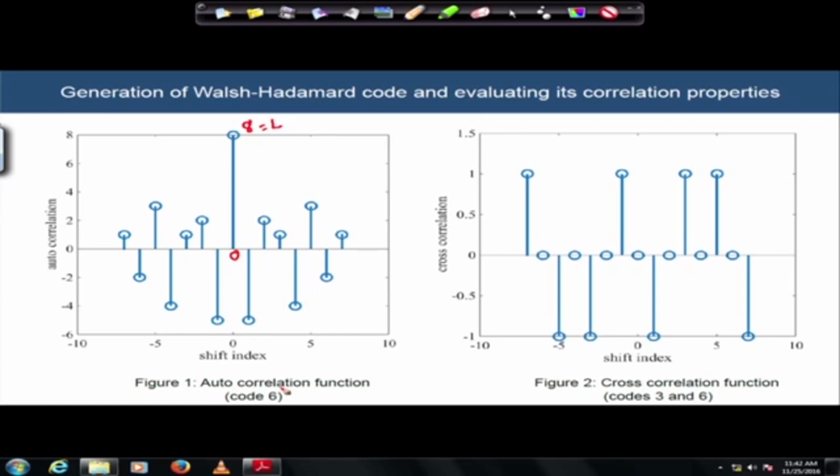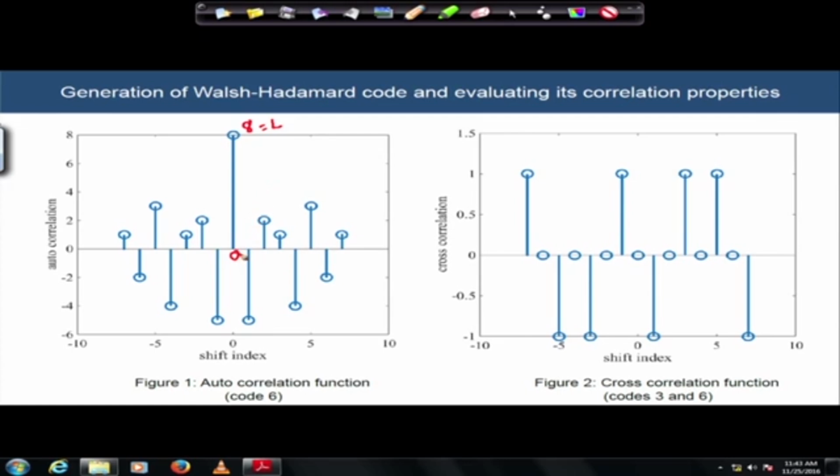But the importance of having a good autocorrelation property, and when I say good autocorrelation property, it means that at lag 0 you should have a high magnitude of autocorrelation, and that should be very small for other lags, as far as applications such as synchronization are concerned.